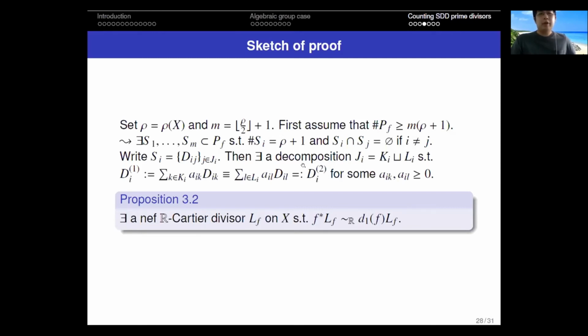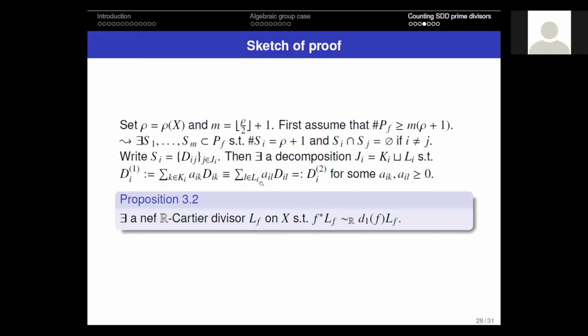So we have a decomposition of J_i into K_i and L_i such that the non-negative linear combination indexed by K_i, denoted by D_i1, is numerically equivalent to the non-negative linear combination indexed by L_i, denoted by D_i2. We have this numerical equivalence.